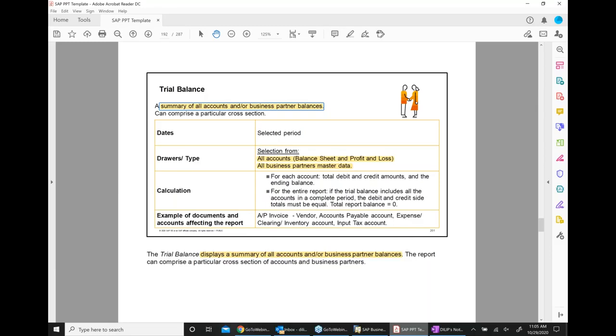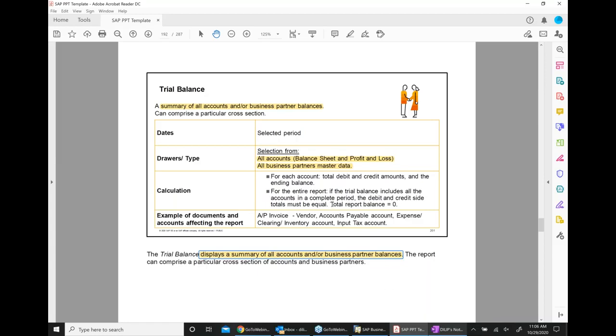This is another report. So what is the trial balance? Make a note: trial balance displays a summary of all accounts and or business partner updates.